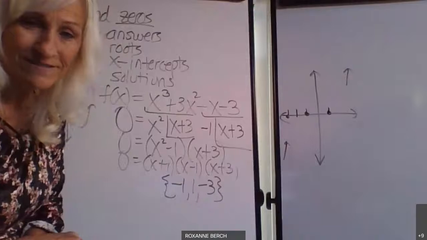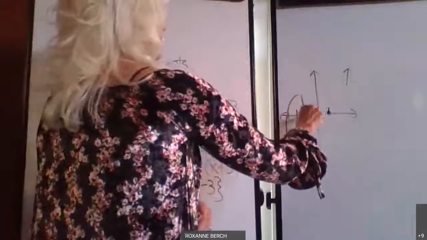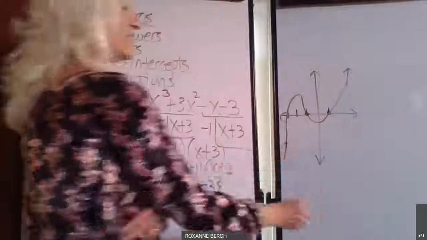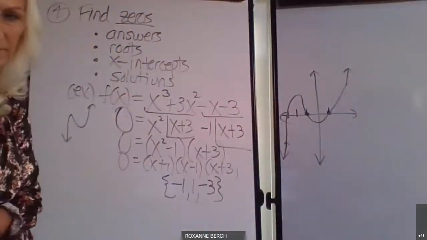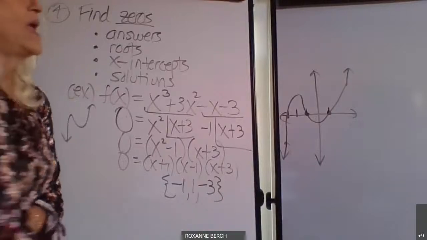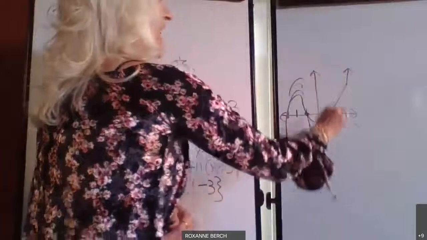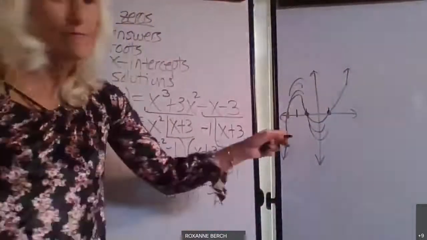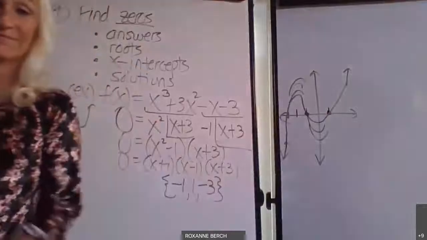So watch this. I'm going to cross through, cross through, cross through, and doesn't that look like the cubic? Yes, it does. And we don't know how high this hill is, and we don't know how low this valley is, but I'm telling you right now, that graph right there is an excellent sketch of the problem.